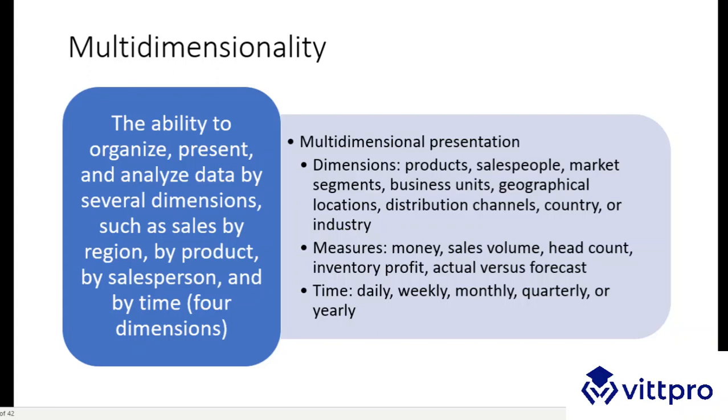There can be money, sales volume, head count, inventory, actual versus forecast, and by time: daily, weekly, monthly, quarterly, yearly. So these are all the different dimensions, different measures, different times, and you can multiply that. Product sale by money, product sale by sales volume, product sale by head count, by day, by week, by month. So there can be multiple choices.